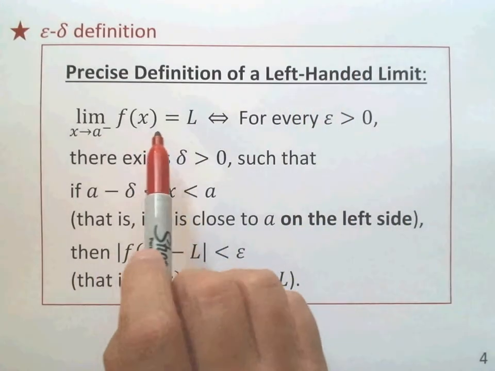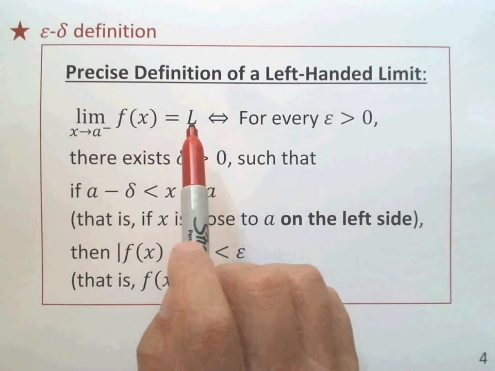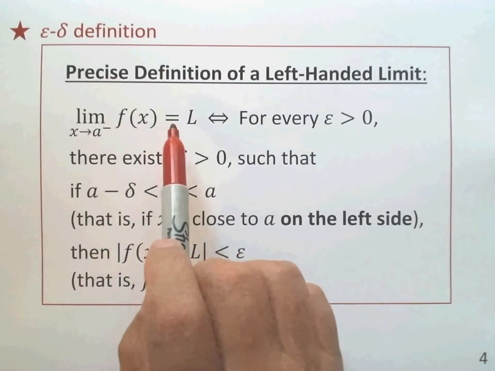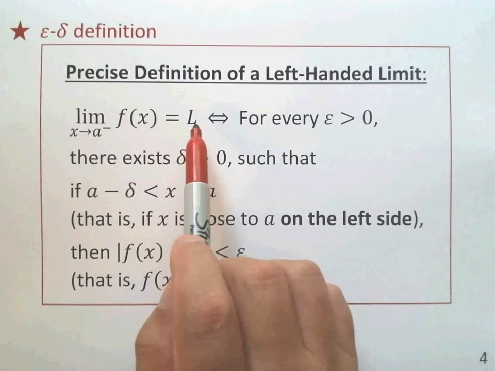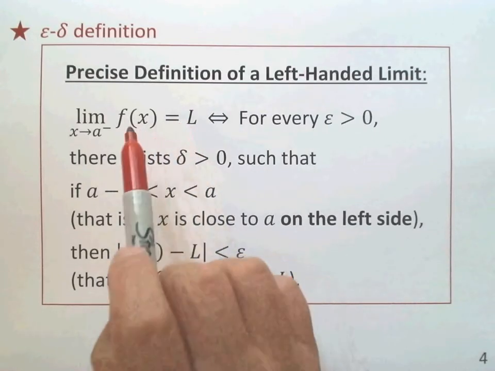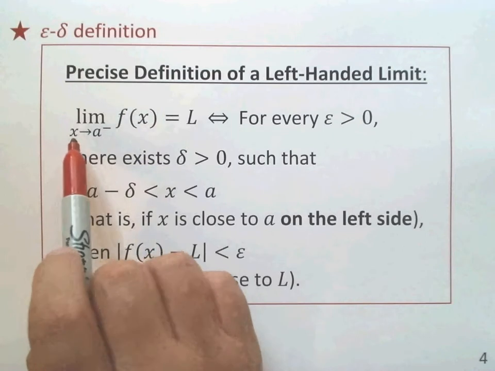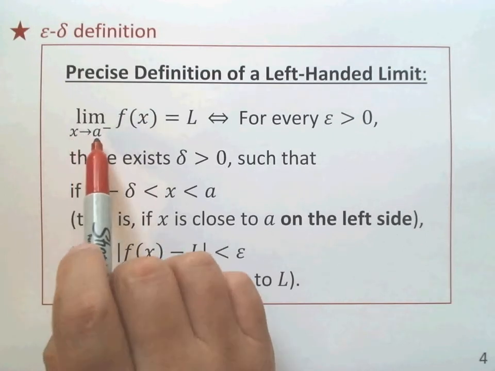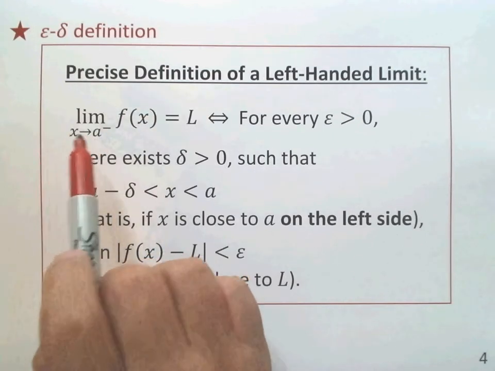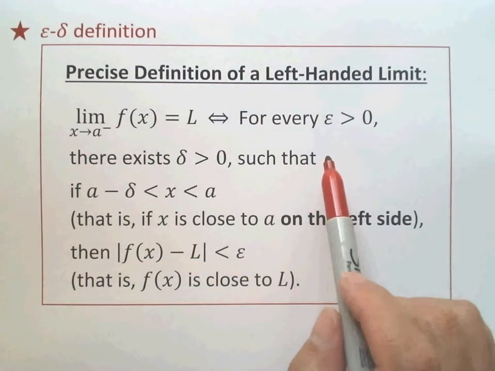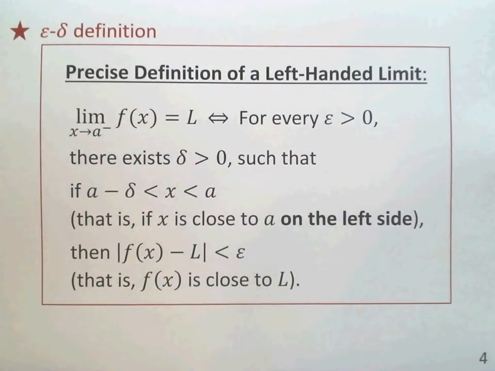So the left-handed limit equals L. The intuitive idea is that f can be made arbitrarily close to L by taking x sufficiently close to a from the left side, right? So in the epsilon delta language, how do we say this?